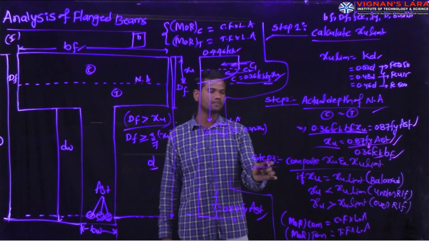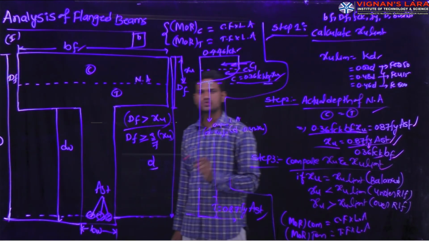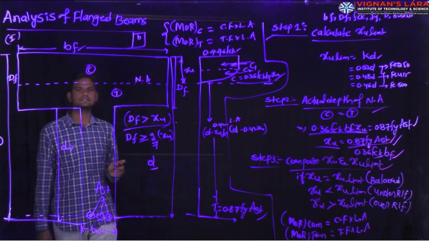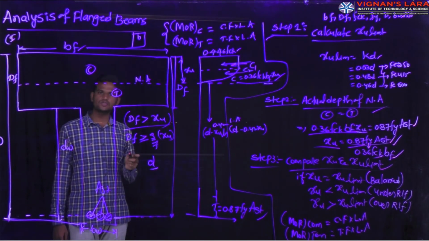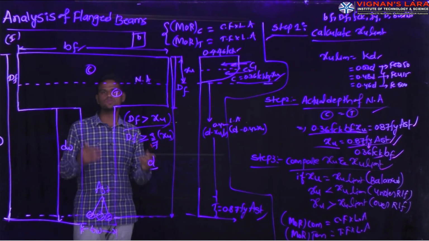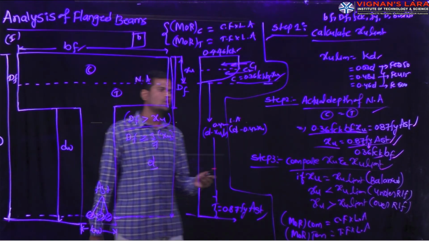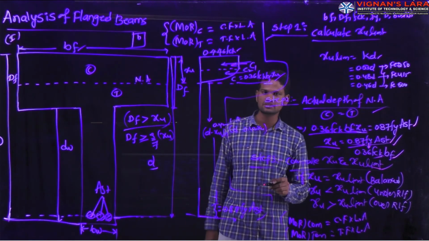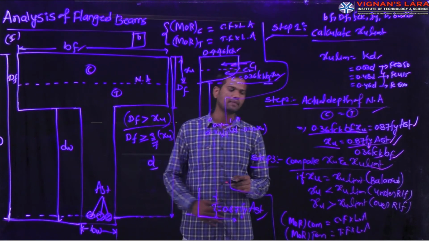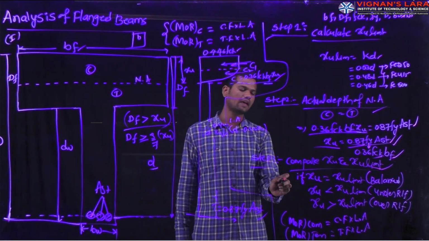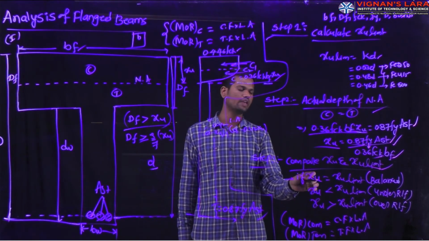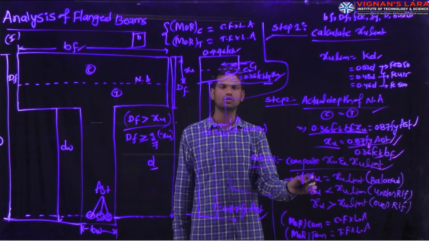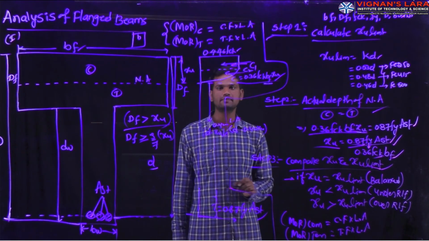The next step is the comparison of the actual depth of the neutral axis with the limiting depth of the neutral axis.